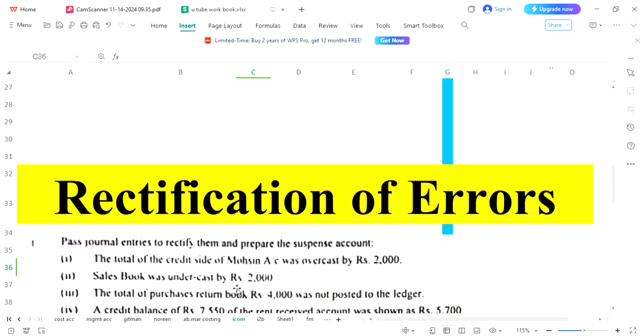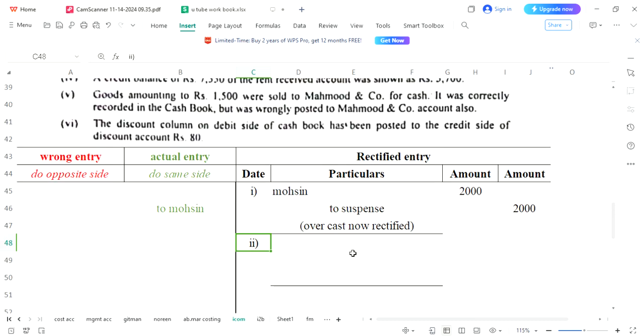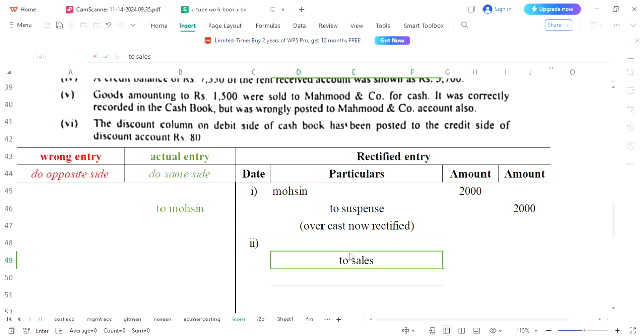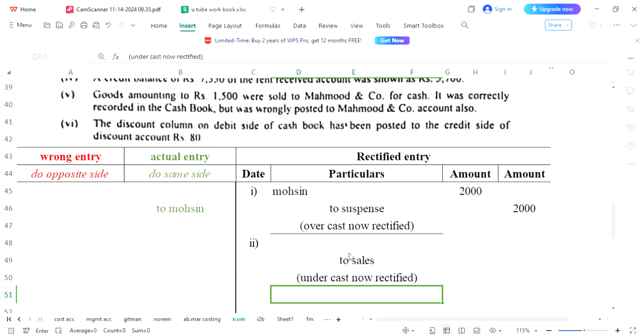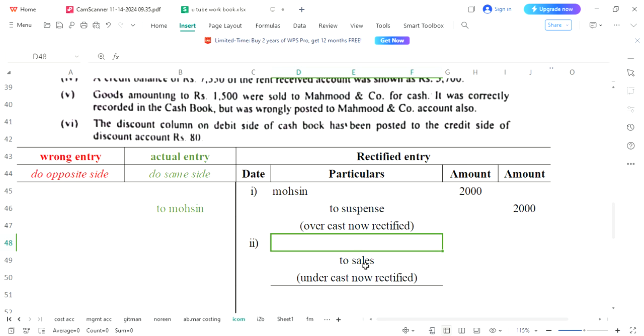Sale book undercast. As you know, sale should be written on credit, and it is undercast. In undercast we write at the same place. So here we will write sale on the credit side because there was an undercast, and here you may write undercast, now rectified. As usual, there was only one mistake and that was related to sale. This mistake has been rectified.